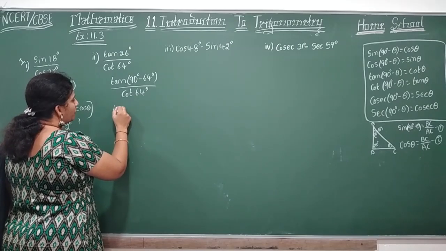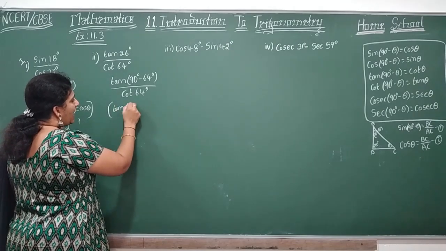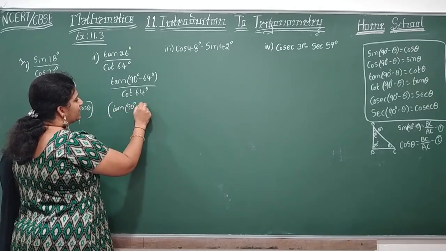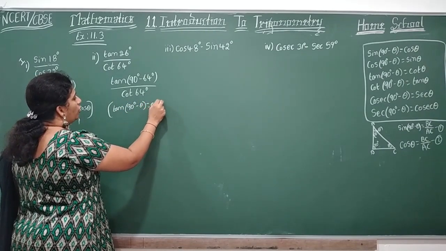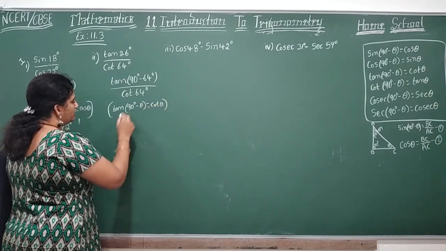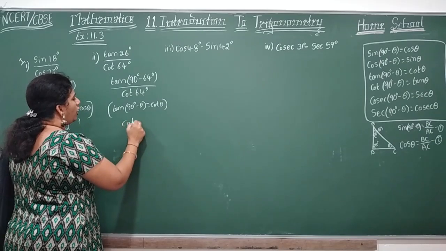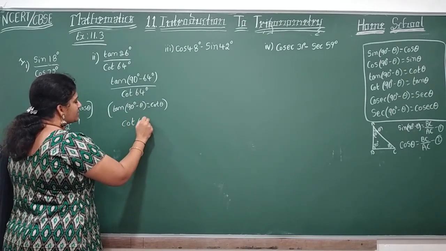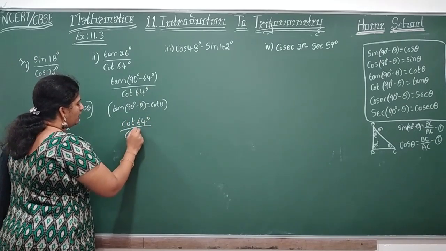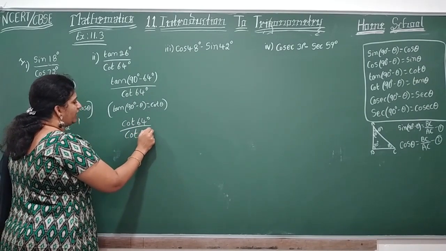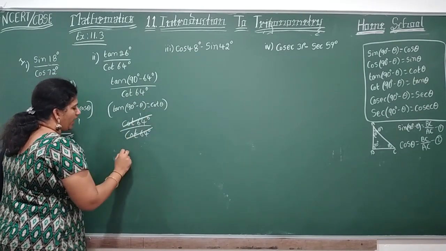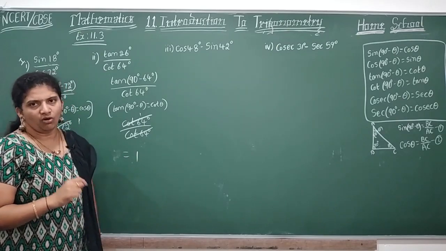So now what you remember here, children? Tan 90 degree minus theta is equal to cot theta. So rewrite here cot, what's your theta value? 64 by cot 64 degree. That will be 1. Therefore, this is equal to 1.